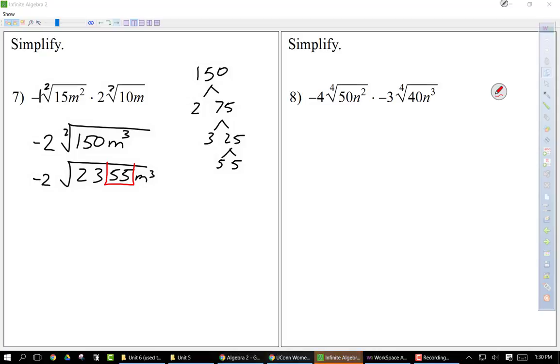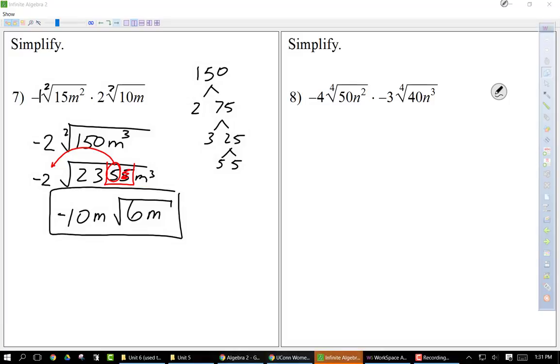I'm dealing with a pair of numbers, so that 5 kicks out, the other 5 disappears. So the 5 that kicks out multiplies together, gives me a negative 10. I should at this point know that I'm going to take 1m out. The square root of 6, 2 times 3 is 6, with 1m left over. So there is your answer for this one.